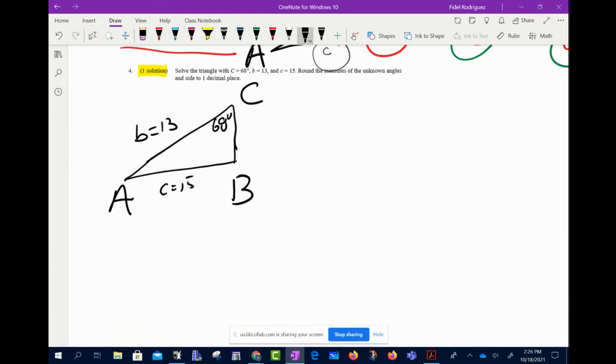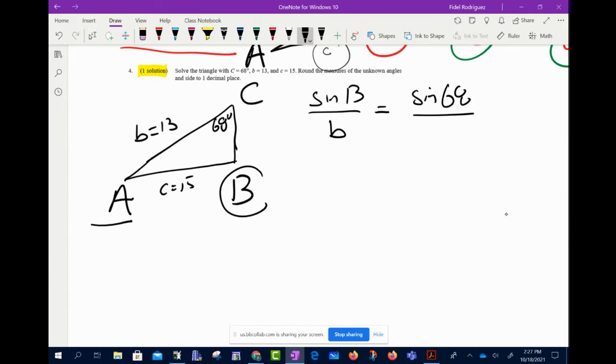So let's see if we can find angle B, because if we can find angle B, then we can find angle A, and then we can find side A. I'm going to write sine of B over little b equals sine of C, which is 68 degrees, over side C, which is 15.